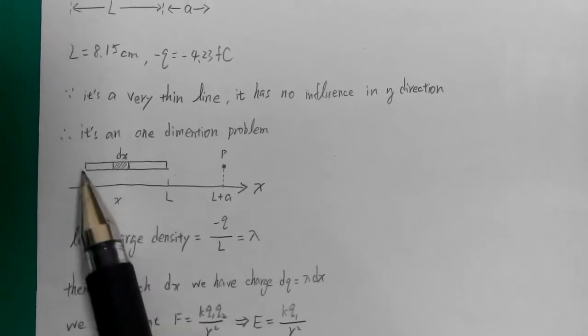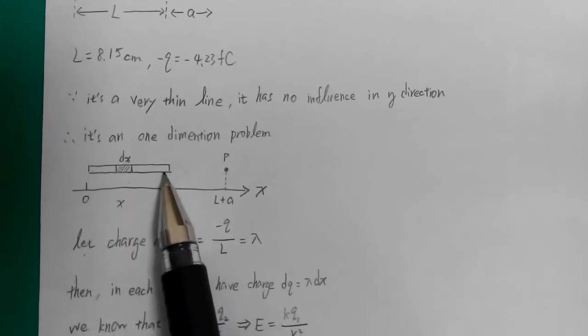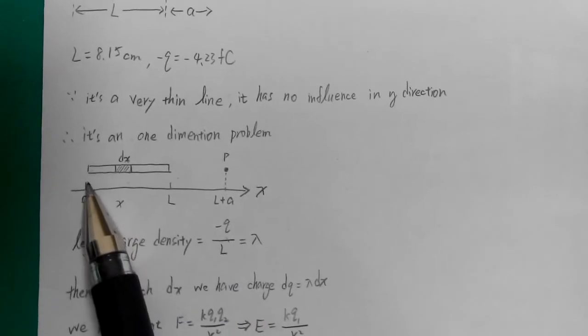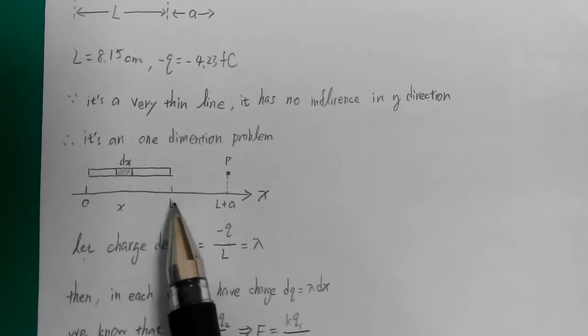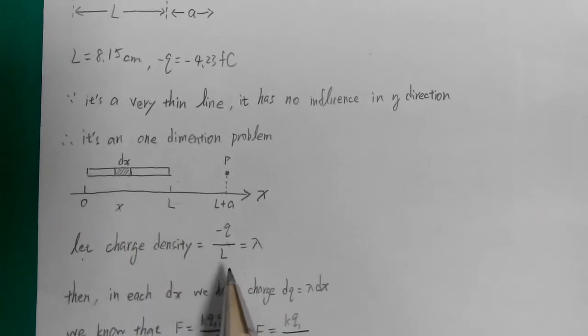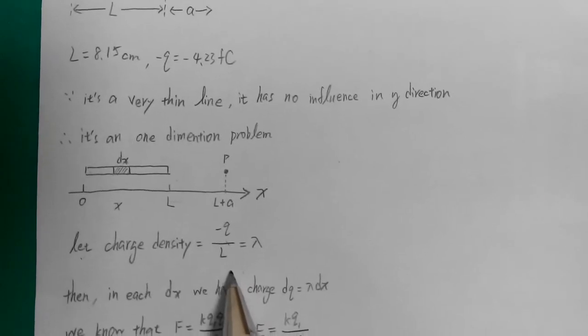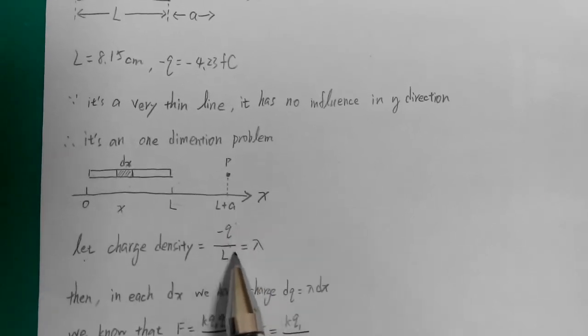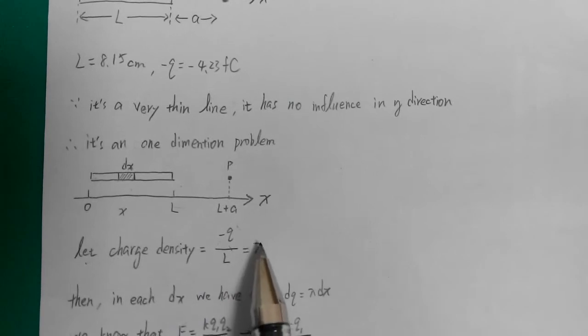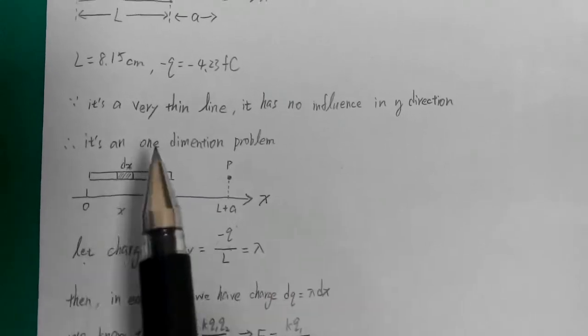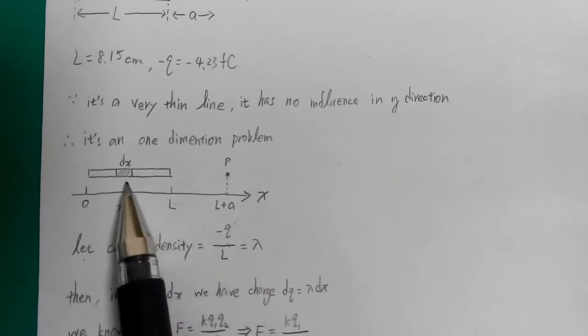First of all, we have minus Q, and the length of the line is L. So the linear charge density is minus Q divided by L, and we say this is lambda. So we know the density is lambda.